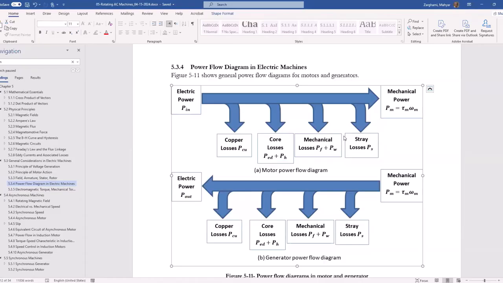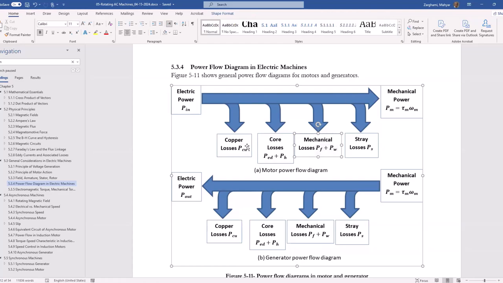Those frictions would be either between solid parts in the machine, which we call P_friction, or between the rotating parts and the air. There would be some friction with respect to the air as well. We call those windage losses. So friction and windage, where windage is the friction with the air. Those would be the mechanical losses in the machine.